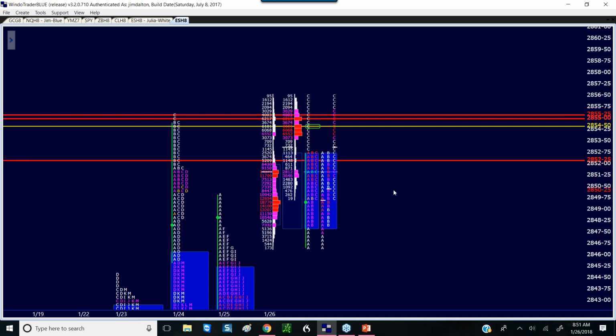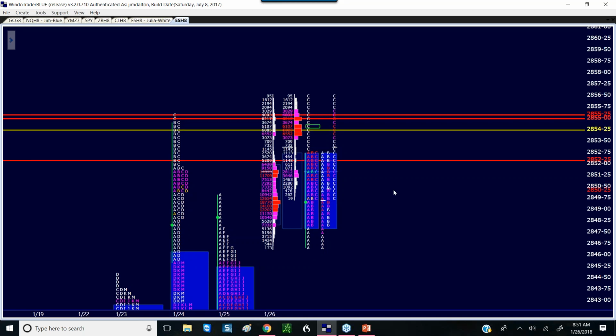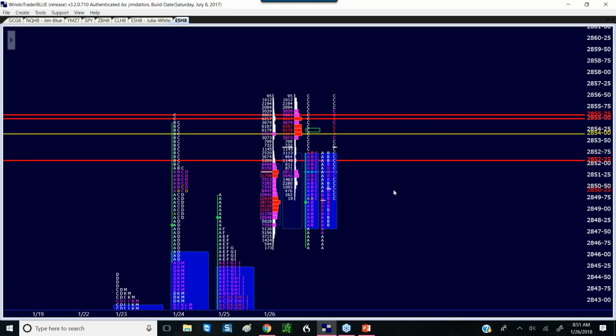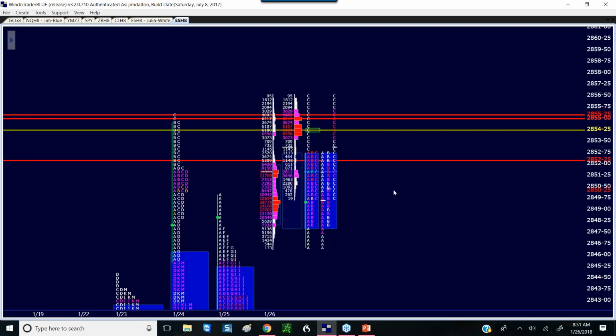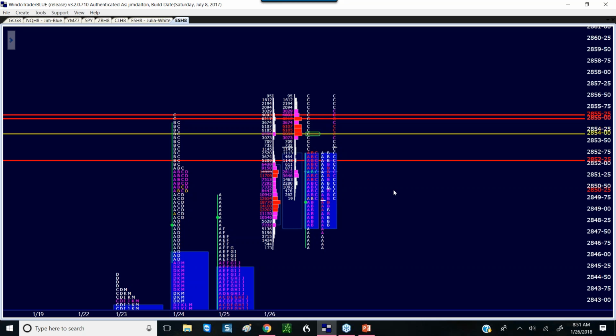So again, you're looking at a composite of information. You're looking at volume, you're looking at time, and you're looking at the overall flow of the market. There is not an exact answer to that question. It comes with experience. And that's really what we're talking about.